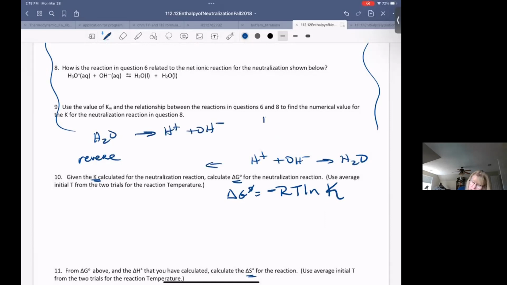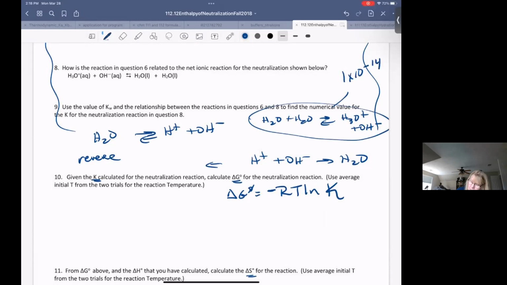If we wanted to, we could do two waters, looking a bit more familiar with our two arrows, into H3O plus and OH minus. If the K for this one is 1 times 10 to the minus 14, then the K for this one is 1 over 1 times 10 to the minus 14.